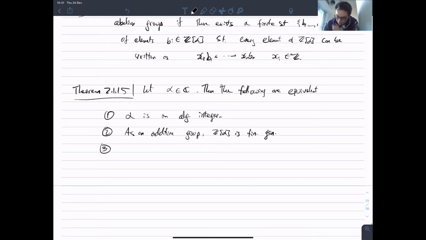3: alpha is an element of some subring of the complex numbers, the subring being finitely generated as an additive group.